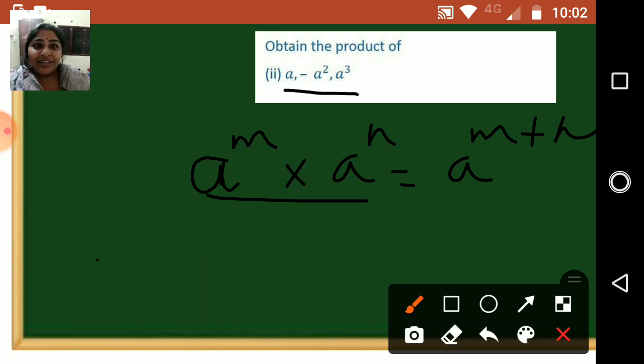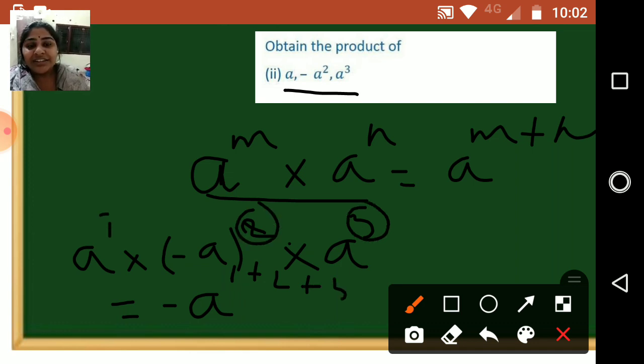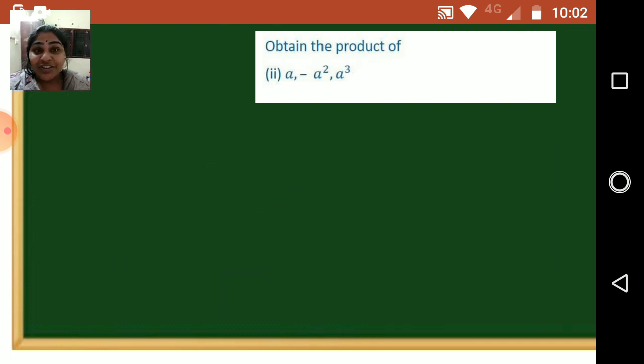So how will we write? A multiplied by negative a square multiplied by a cube is nothing but equal to negative a raised to 1 plus 2 plus 3. I am adding all the indices. Here there is 1 for the first term. So 2 plus 3 plus 1 is how much, children? 6. So the answer will be negative a raised to 6.